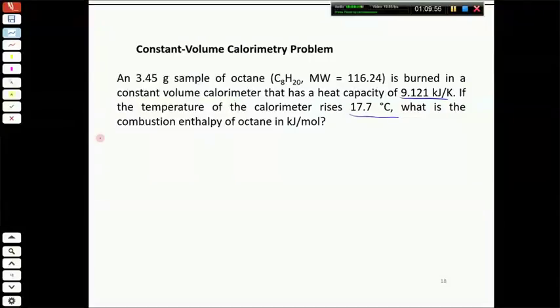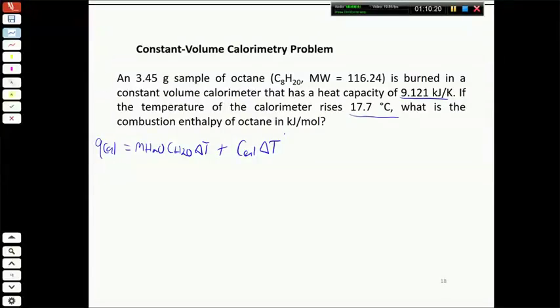So like I said, we're going to first calculate the heat for the calorimeter. And in this case, again, we could do it as mass of water, heat capacity of water, delta T, plus the heat capacity of the calorimeter times delta T. In this problem, are we told how much water is in the calorimeter? Any information about that?